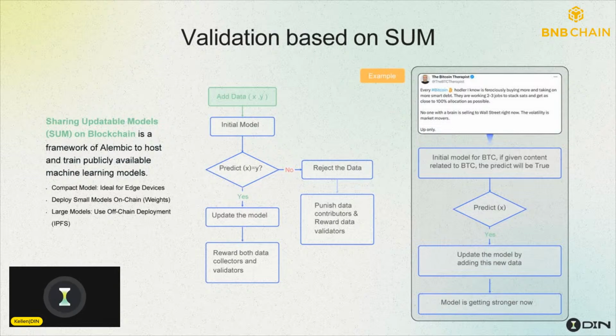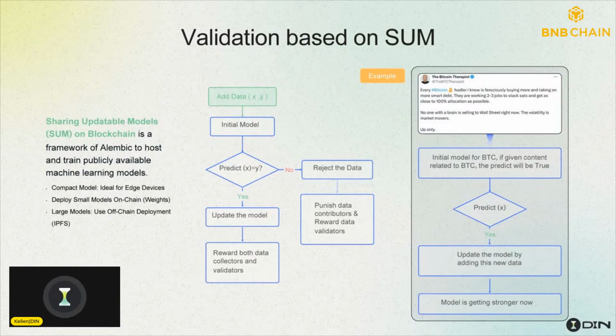For compact models, which are ideal for edge devices, we can deploy smaller models directly on-chain to ensure rapid access and scalability. For larger models, we utilize off-chain deployment through decentralized storage like BNB Greenfield, allowing us to handle the heavy lifting without compromising on trust or transparency.